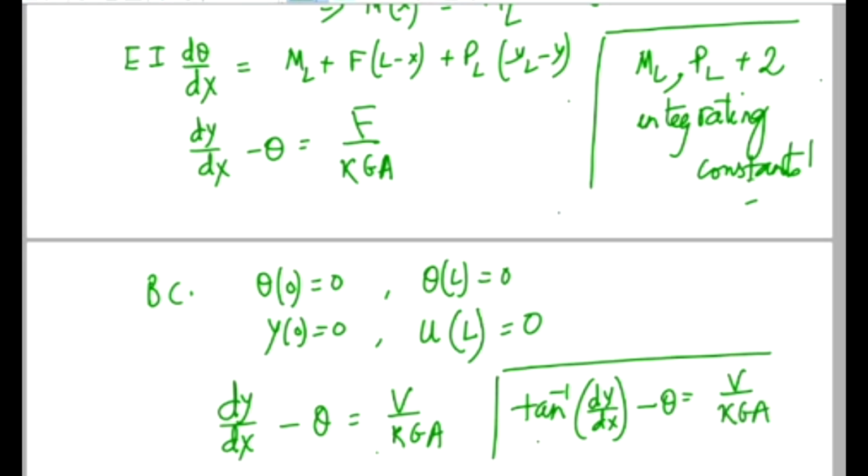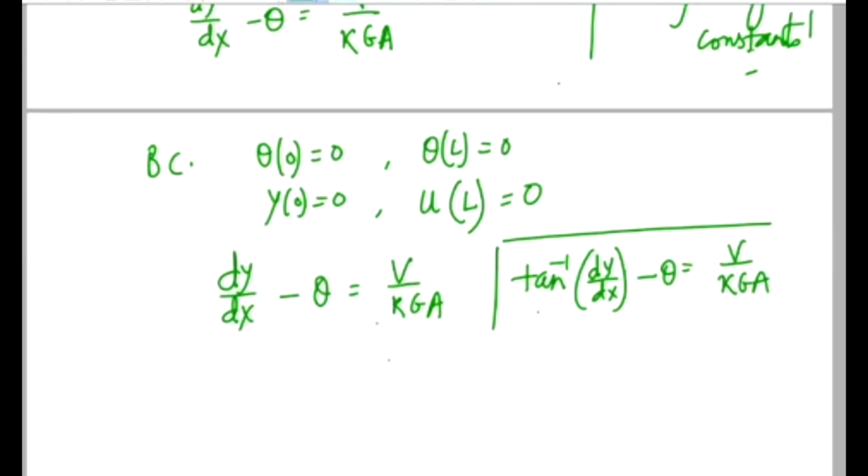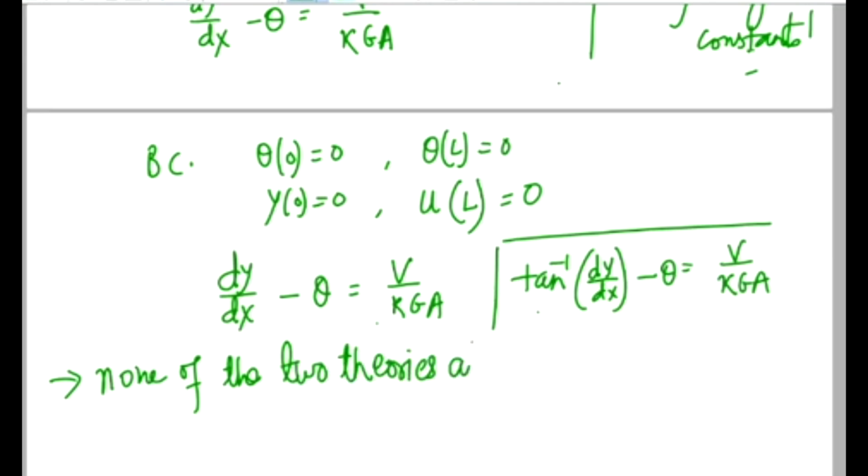But again, we are saying that the angle is very small, so we replace tan inverse of dy/dx by just dy/dx. So none of the two theories actually allows for large rotation of the cross section.